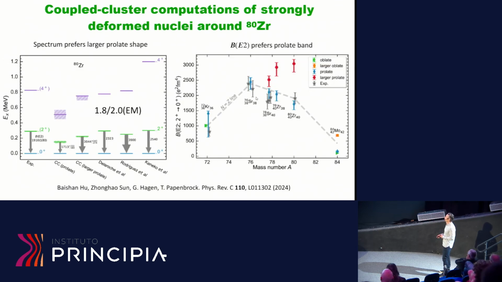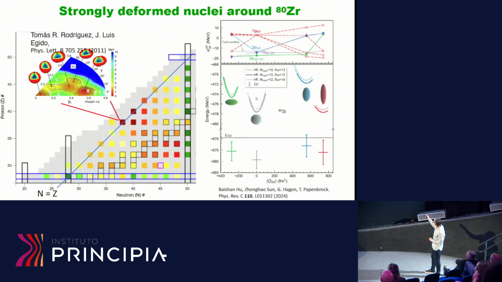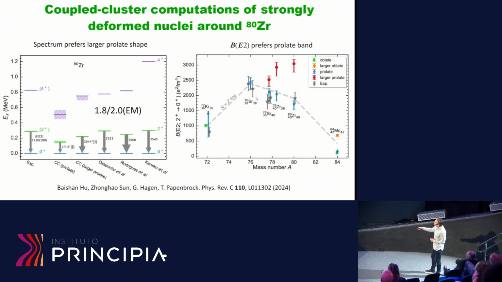Now we could try to look in more detail by looking at the spectra and the B(E2) trends of nuclei in this region here. So this is for zirconium-80, comparing the rotational band, experiment to the left, coupled cluster for what we call the prolate, which is taking this configuration, and the larger prolate, which has larger quadrupole deformation, projecting onto good angular momentum.